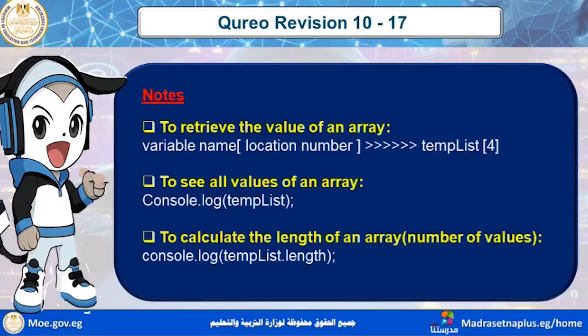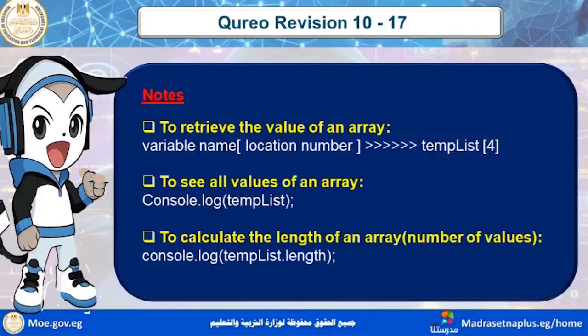Notes: to retrieve a value of an array, use the variable name and the location, as in temp list of location. To see all the values of an array, console.log temp list.